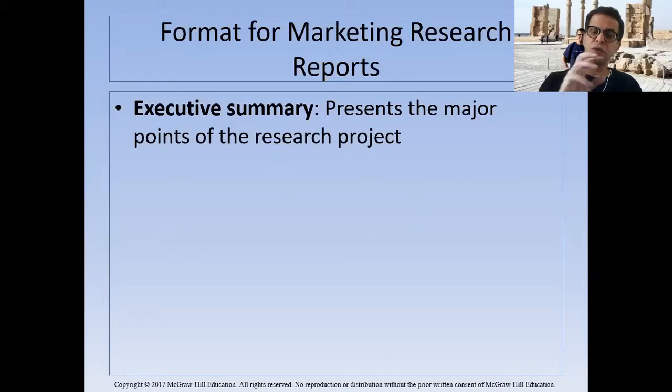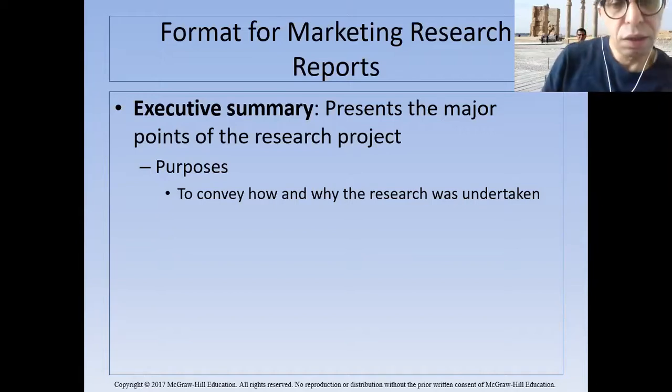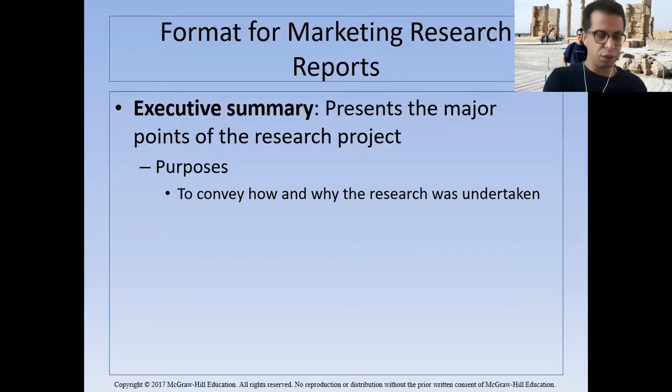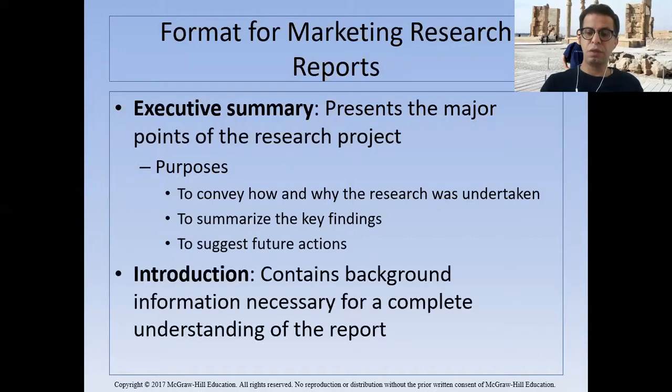It is the last thing that you do, but it is usually the first part of the report. It presents the major points of the research project, the purpose for it, conveys how and why the research was undertaken, summarizes the key findings, and suggests future action.